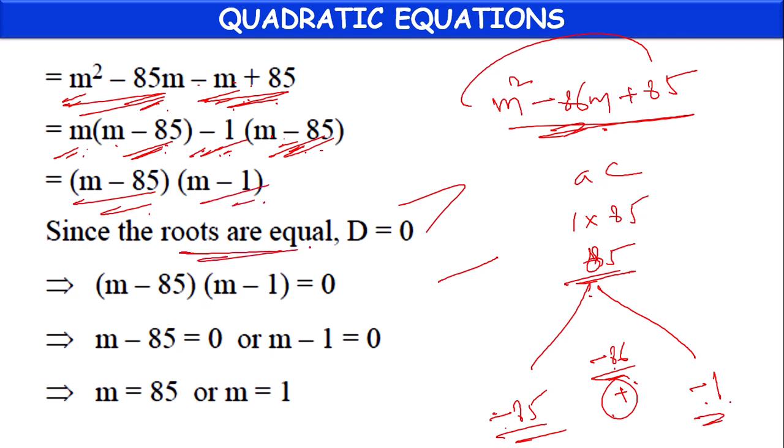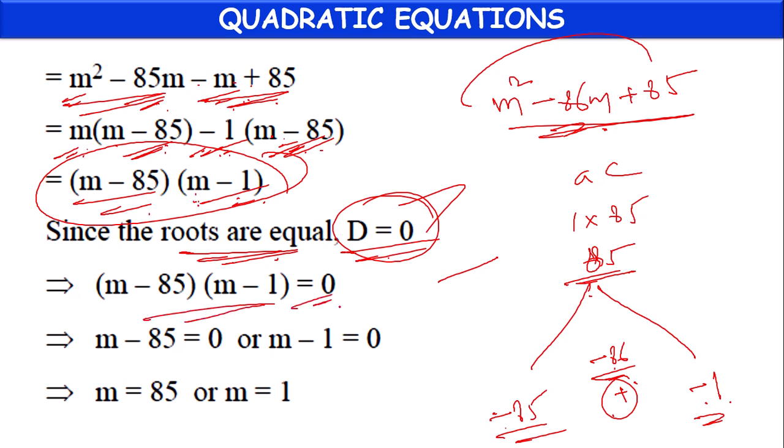But they have given that the roots are equal. So the discriminant will be equal to 0. This is the discriminant value which is equal to 0. Product of two terms equal to 0 means either the first term equal to 0 or the second term equal to 0. M minus 85 equal to 0 or m minus 1 equal to 0, so m equal to 85 or m equal to 1.